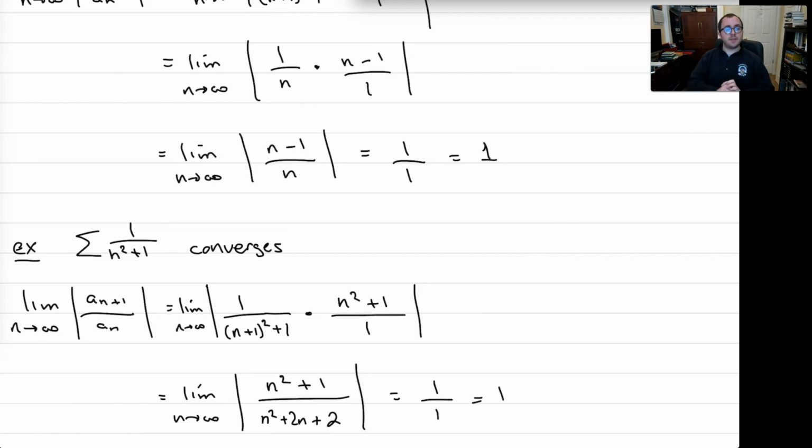And there you have it. Two series that both have the limit of absolute ratios equal to 1, but one converges and one diverges. So it's not enough information to know that the limit of absolute ratios is equal to 1. It's not enough information to determine the convergence or divergence of a series.